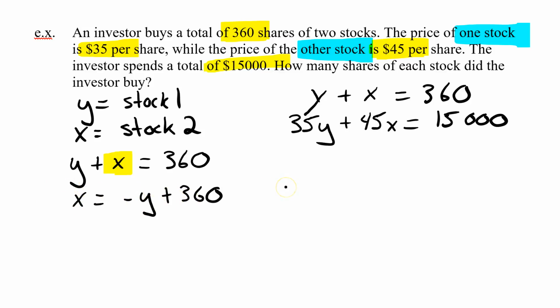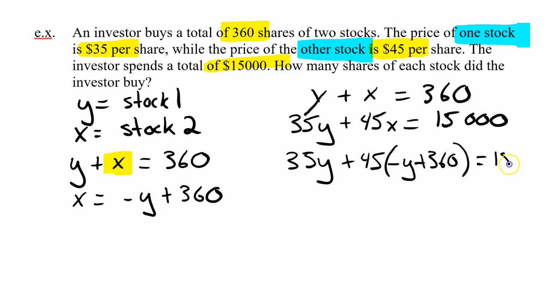Now let's plug it into the other equation. So it's sitting right here. And I'm going to change all my x's to negative y plus 360. 35y plus 45 times negative y plus 360 equals 15,000.